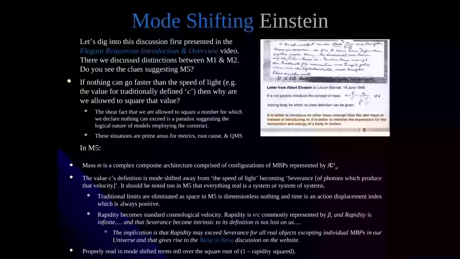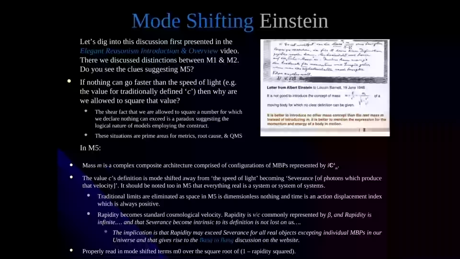We then realized that rapidity is a term that was used about 1900 and earlier that got superseded by relativity when Einstein's rule came out. But rapidity is V over C. And when we realize that C is severance, not the speed of light, then rapidity takes on a whole new meaning. There's a whole new application of thought that can be applied there. And the velocities that are vindicating Hubble are just that.